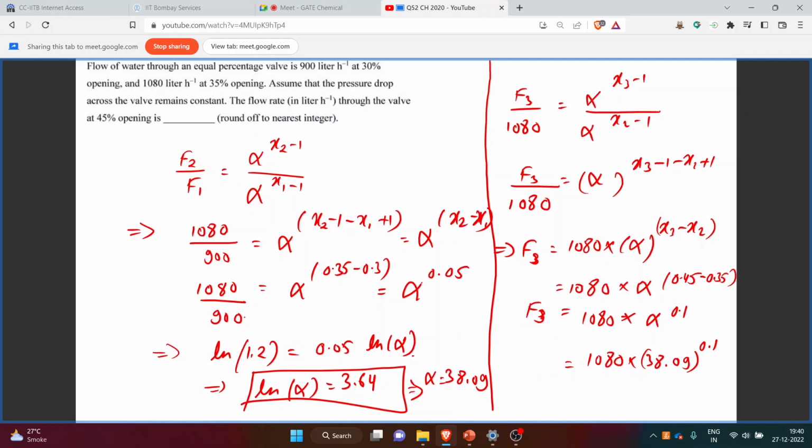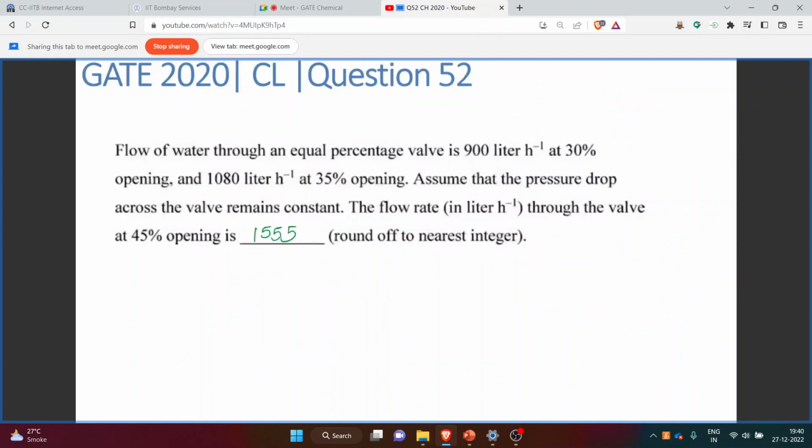So you can approximately write this as F3 is equal to 1555. So the final answer, that is the flow rate through the valve at 45% opening, we can write it as 1555.